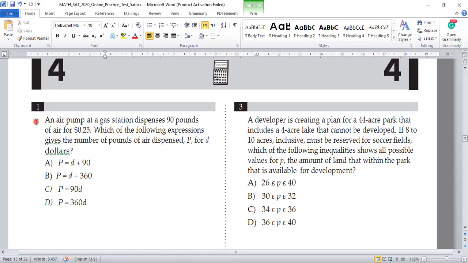Let's see. 90 pounds of air for 25 cents. Wait, hold on. An air pump at a gas station dispenses 90 pounds of air for 25 cents. Which of the following expressions?